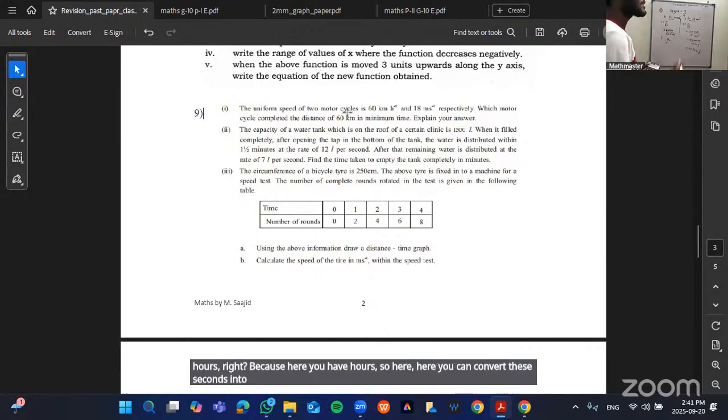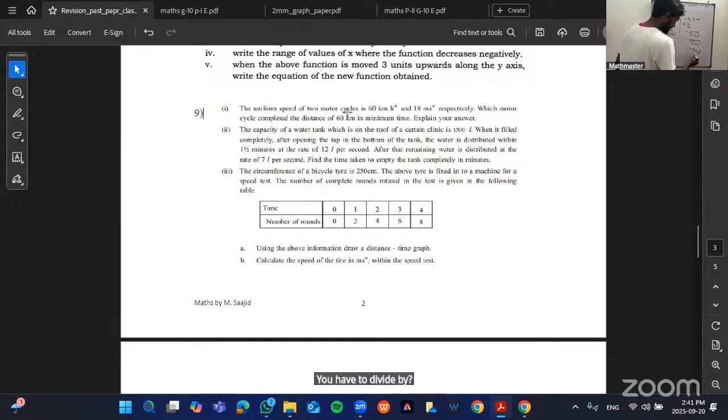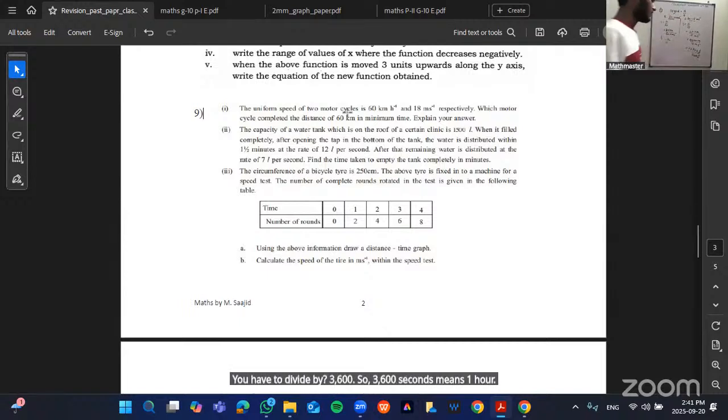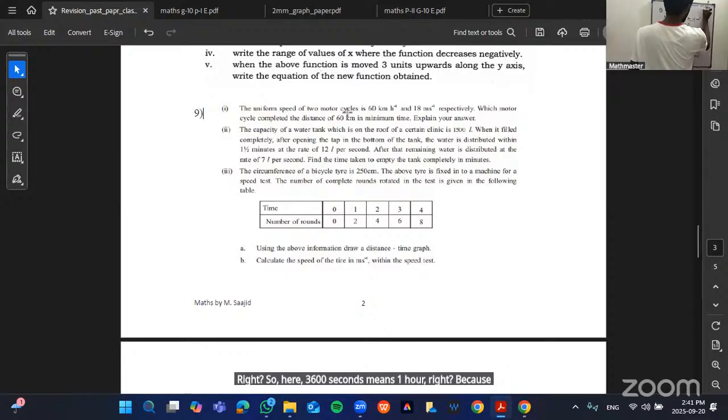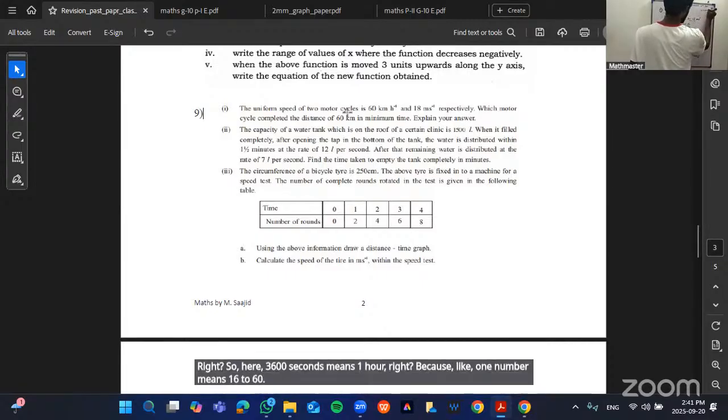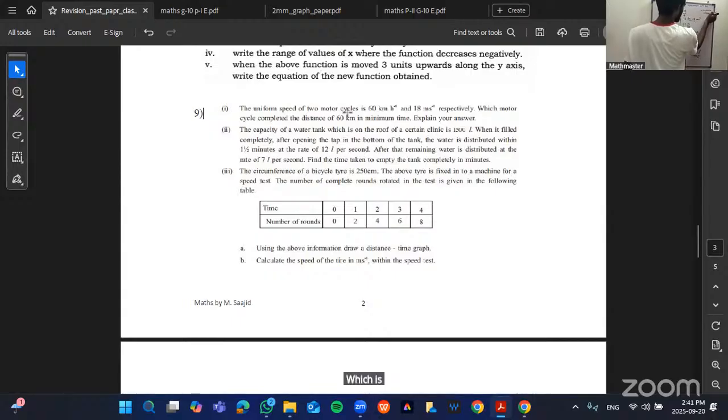So how do you convert seconds into hours? You have to divide by 3,600. So 3,600 seconds means 1 hour, right? Because 1 hour means 60 minutes, and 60 seconds into 60 minutes is 3,600 seconds.